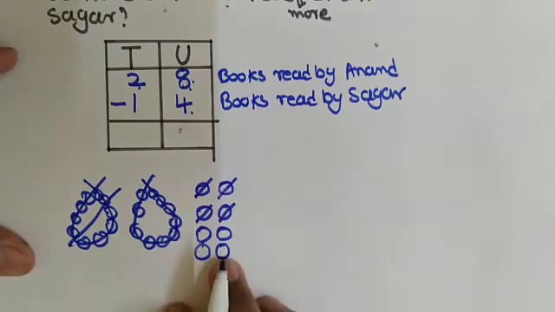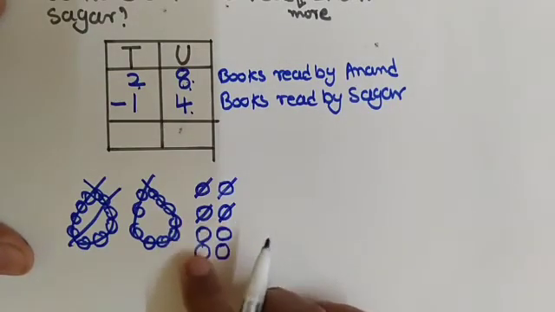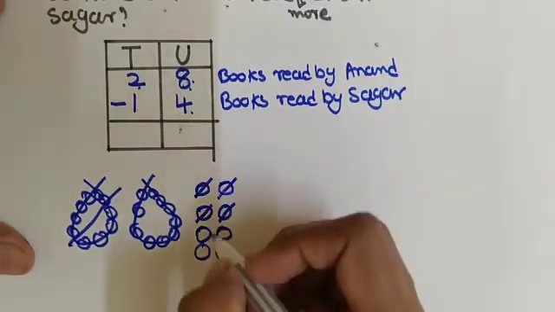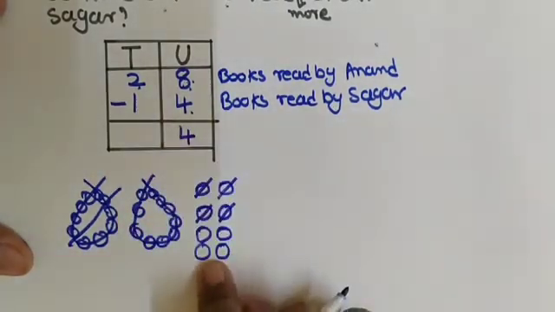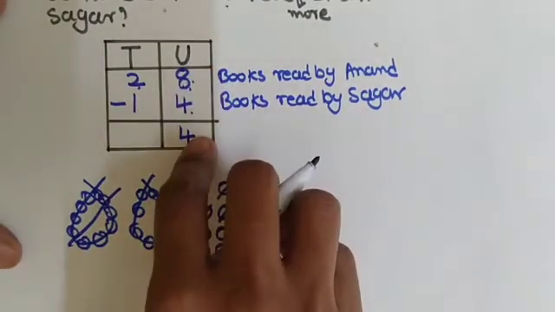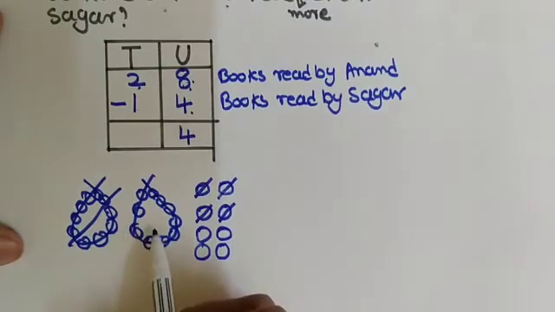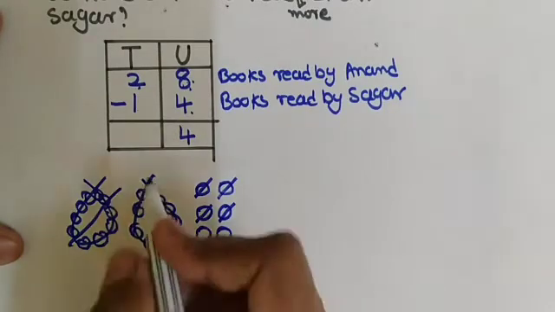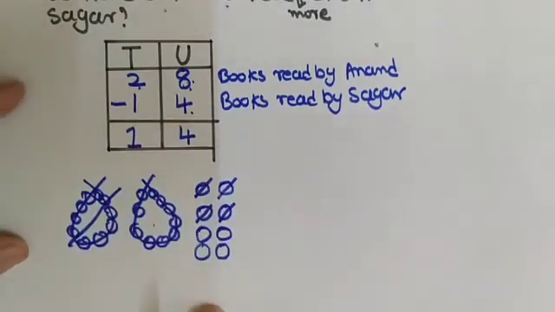Now start counting what is left here. One, two, three, four. We are left with 4 units, means 4 single beads. So we have to write in the unit column 4 units. Here how many tens are left? One ten. So we will write here 1 at the tens column.